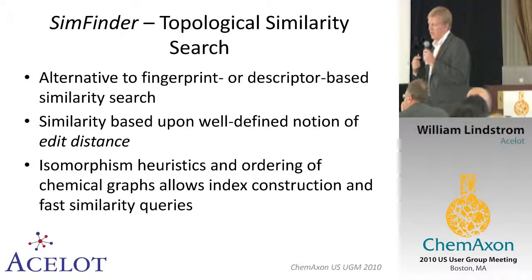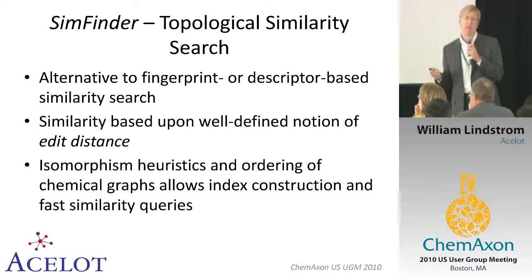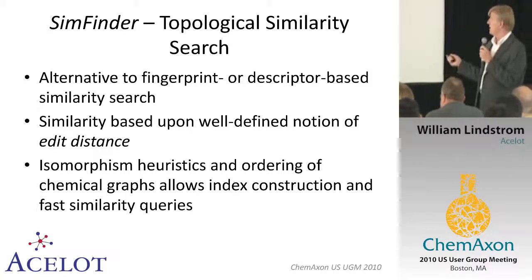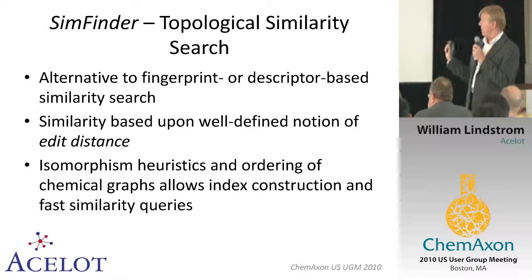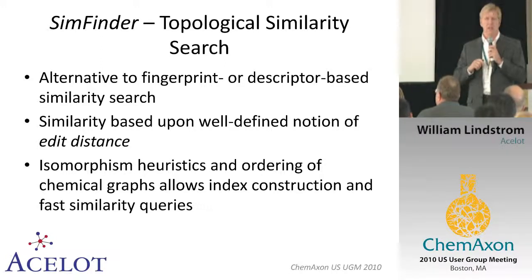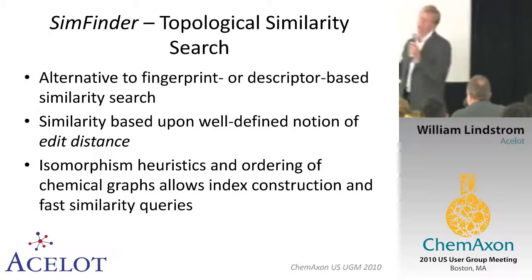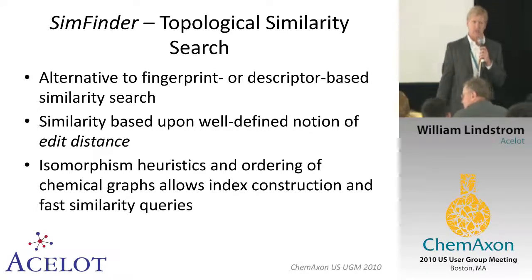The things that allow us to search in the topological domain and have that be fast is, well, the first thing is that we have a well-defined notion of edit distance between graphs. And finally an index that allows the search to take place.